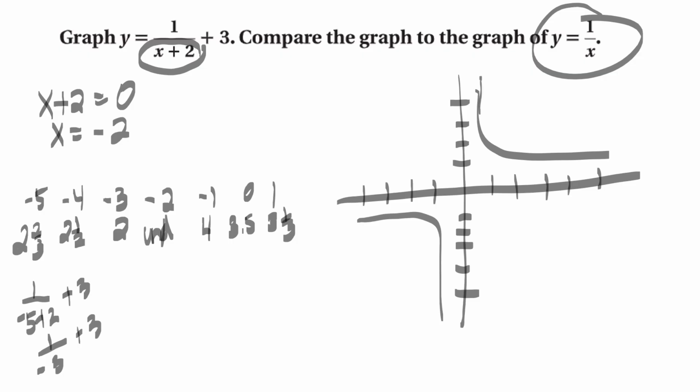And I'll graph this one over here in red. It's approaching that 3, but never getting close to it. So 2 1/3 would be about here. And then 2.5. And then 2. So we're kind of going like this.